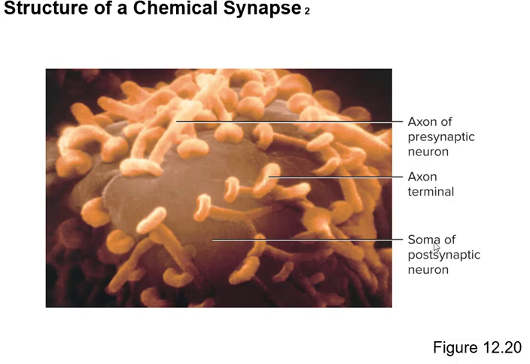So this is the cell body, the soma of a post-synaptic neuron. So the pre-synaptic is this axon coming in, and it's going to be delivering neurotransmitter across the synapse right here, and it's going to be stimulating this neuron, this nerve cell right here. So again, you can stimulate a nerve cell, you can stimulate a gland, or you can stimulate a muscle.